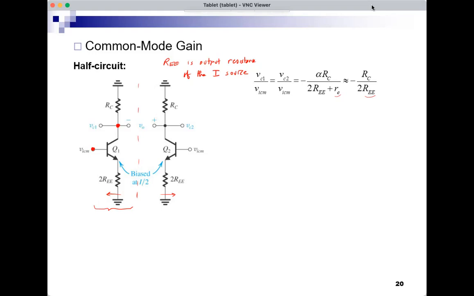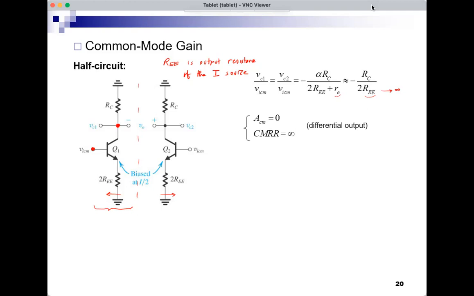If this goes to infinity, the gain would go to 0, and the output voltage would go to 0. And I can make the output 0 even if I have an REE, and that's by taking the output differentially.